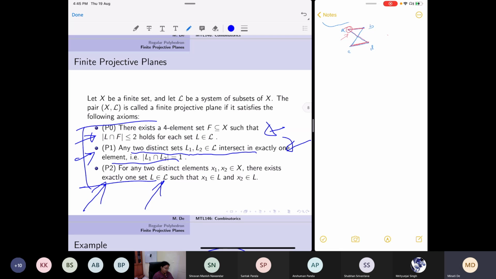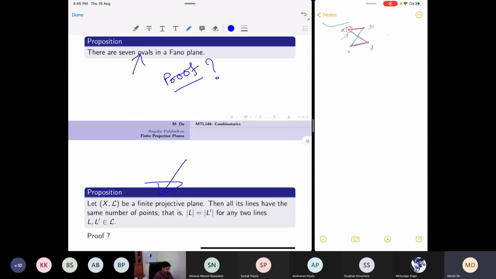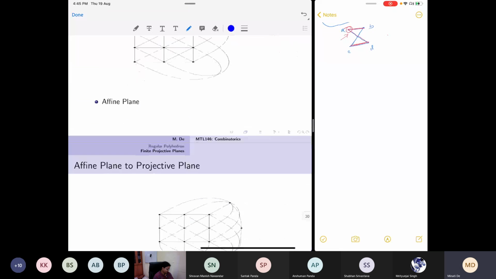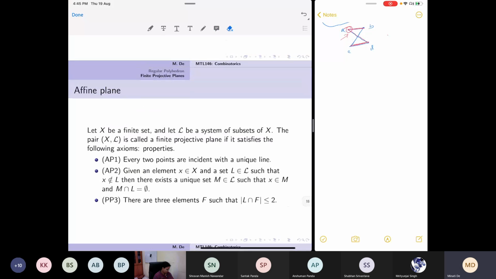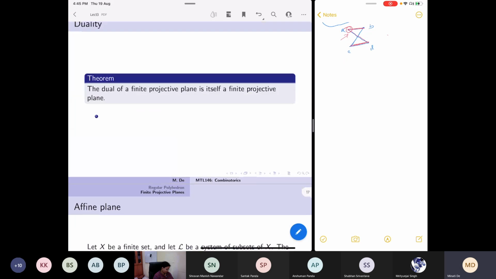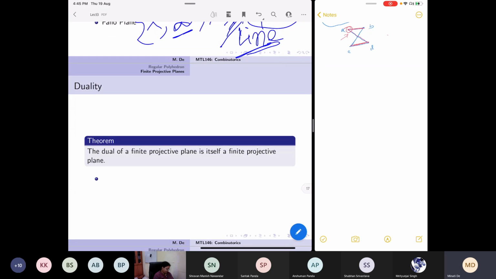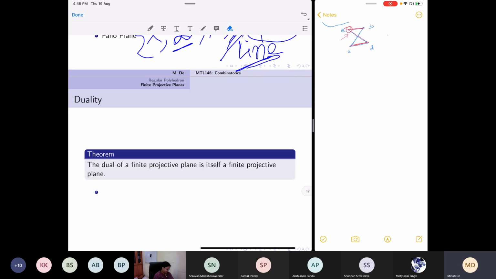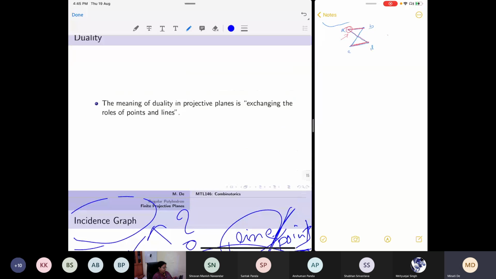So our claim that the dual of a finite projective plane is a finite projective plane is actually true. I hope you have understood the duality and the meaning of this statement.